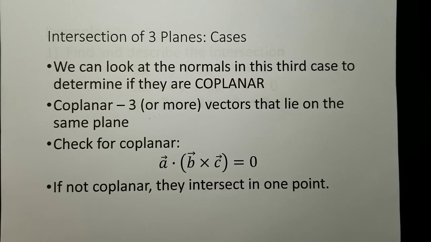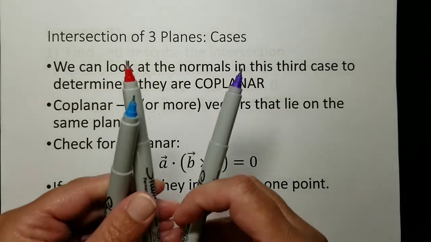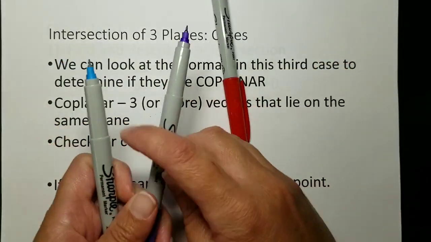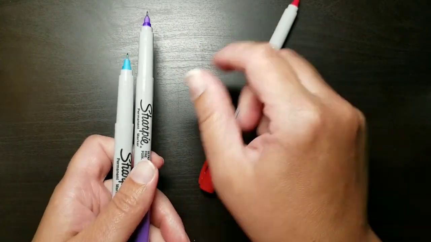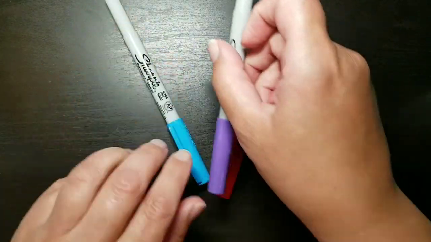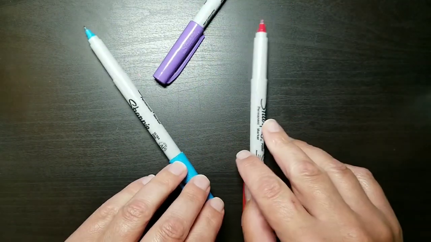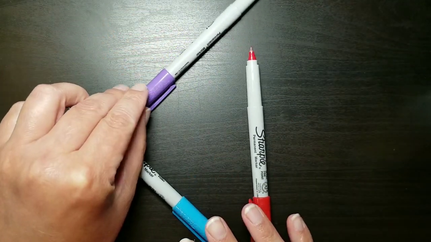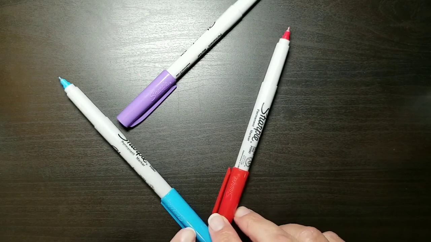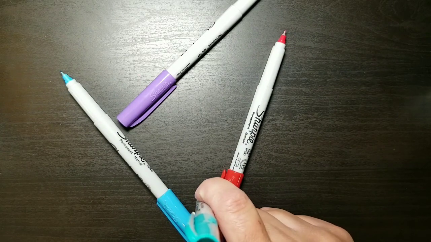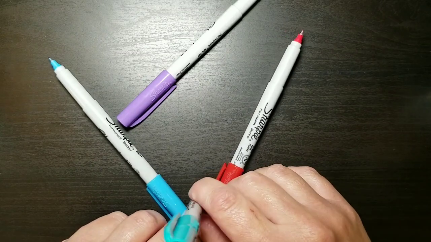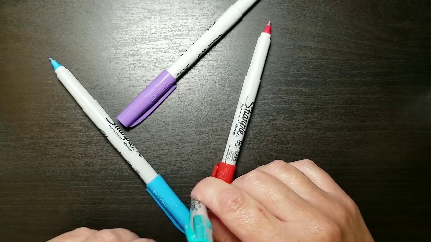So if 3 vectors are coplanar, I'm going to move this out and play with my markers here. If I have 3 coplanar vectors like that, they're all on this nice flat surface. If I did the cross product of any 2, so say I did the cross product of the blue and red, I would get this one that would be perpendicular.